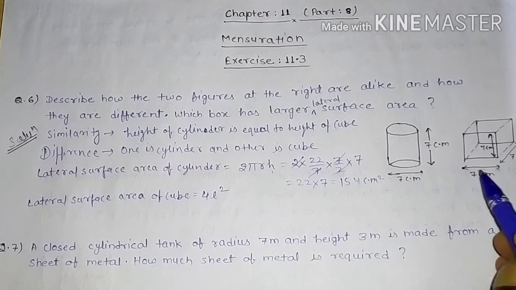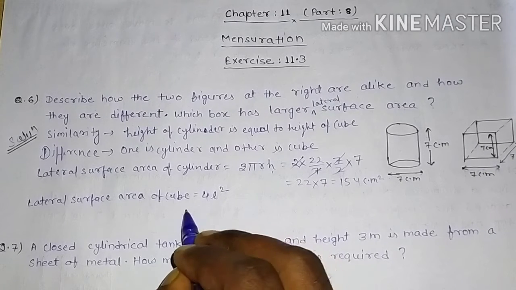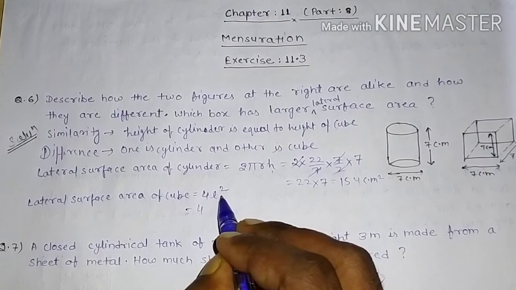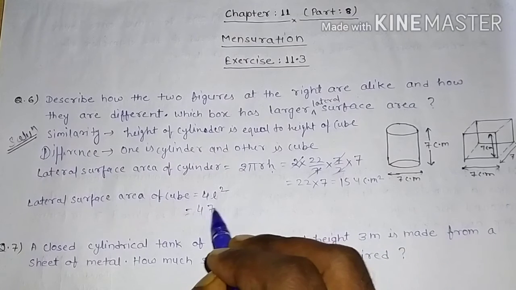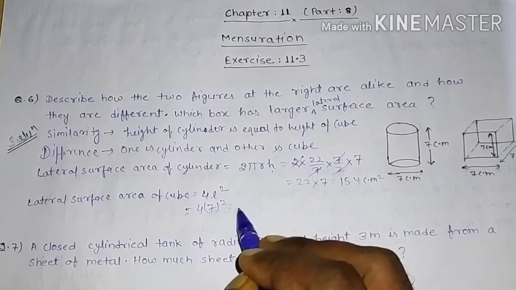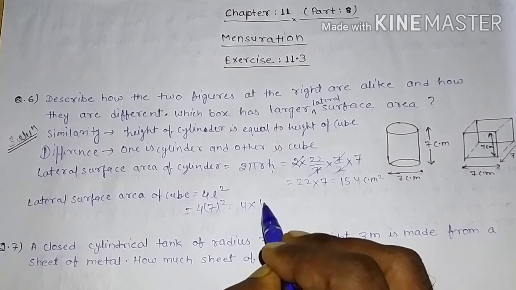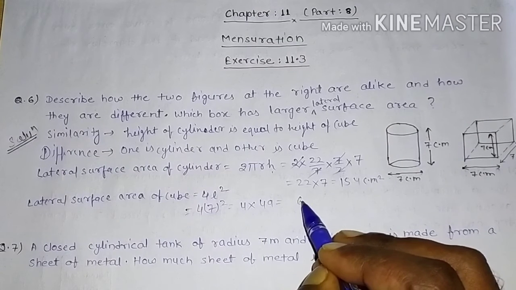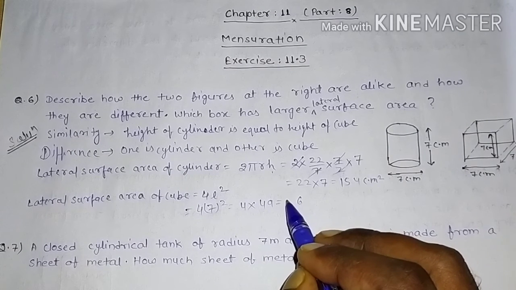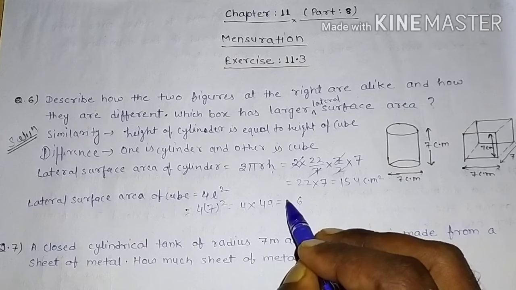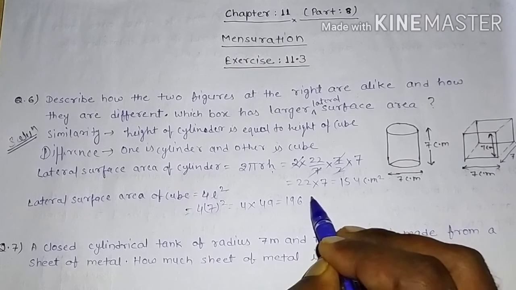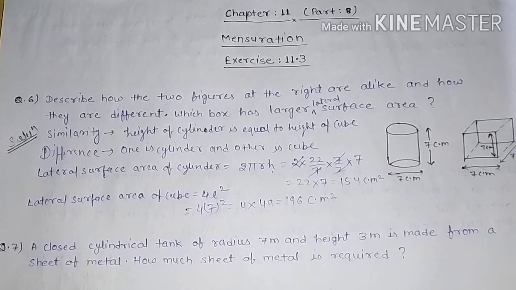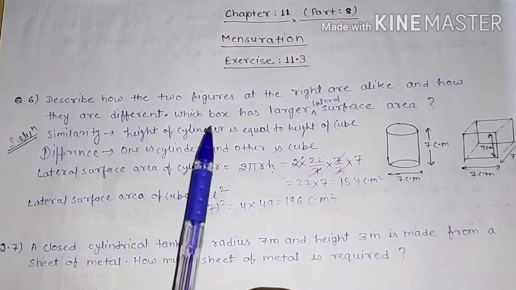Now just put the value 7 centimeter in this formula. So it will be 4 l square, that means 4 into 7 square. Simplify: 7 sevens are 49, 4 nines are 36, carry 3, 4 fours are 16 and 3 is 19. So 196 centimeter square.